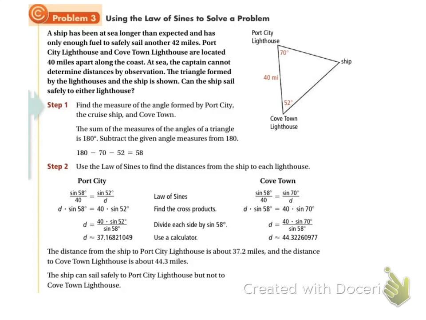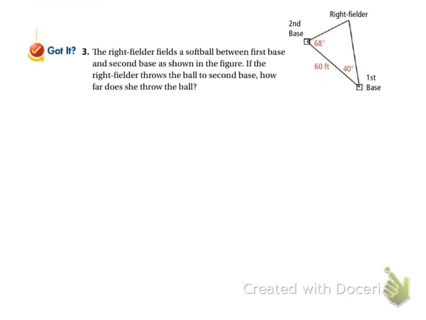Okay, so now we're going to do a story problem. It's really not, they give you pictures, not so based on the words. It says the right fielder fields a softball between first base and second base as shown in the figure. If the right fielder throws the ball to second base, how far does she throw the ball? So we're looking for the distance from the right fielder to second base.